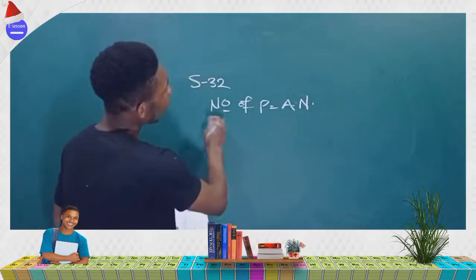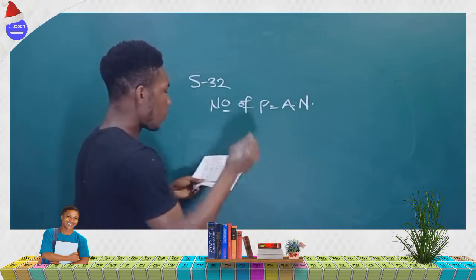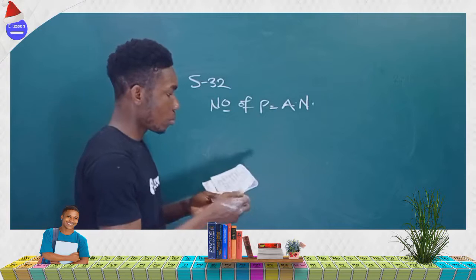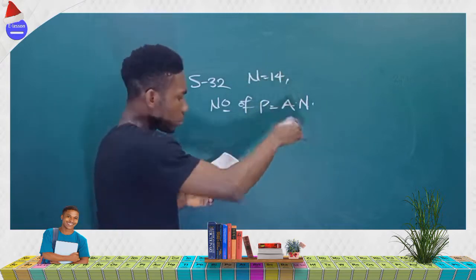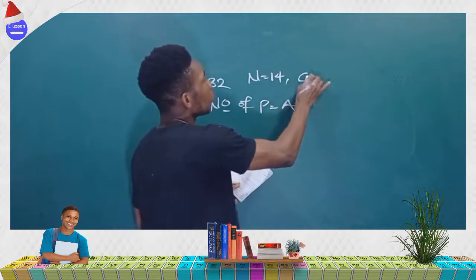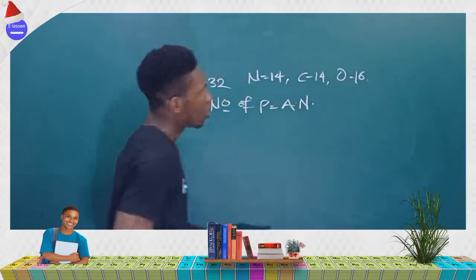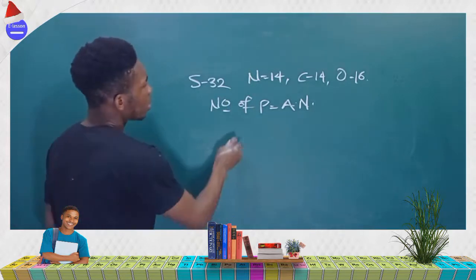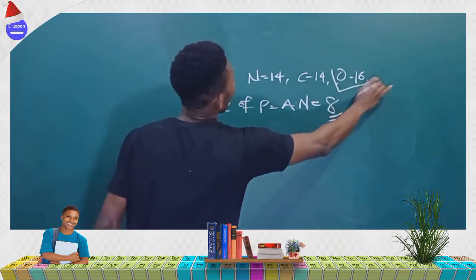So, among all these that are given to you, you have your options: sulfur 32, nitrogen 14, carbon 14, and oxygen 16. Which of them has atomic number of 8? Of course, you know that the element that has atomic number of 8 is oxygen.